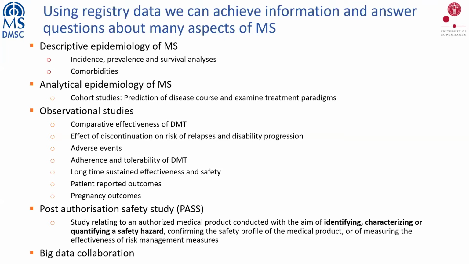And one important type of studies are the post-authorization safety studies, or PASS. These are studies that relate to an authorized medical product and are conducted with the aim of identifying, characterizing, or quantifying a safety hazard, confirming the safety profile of the medical product, or of measuring the effectiveness of risk management measures.